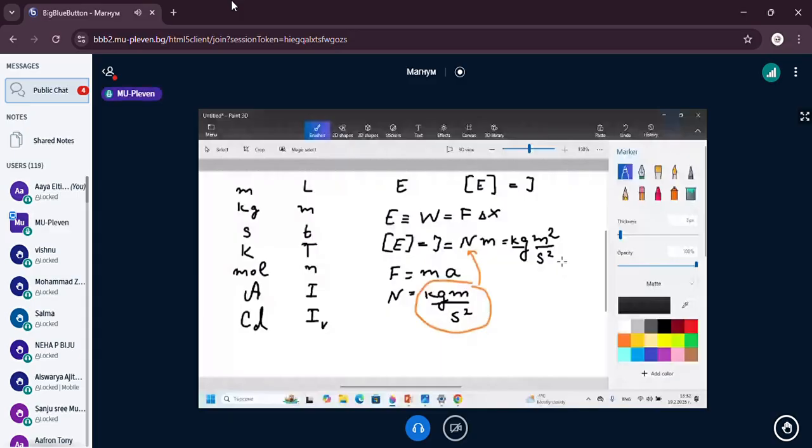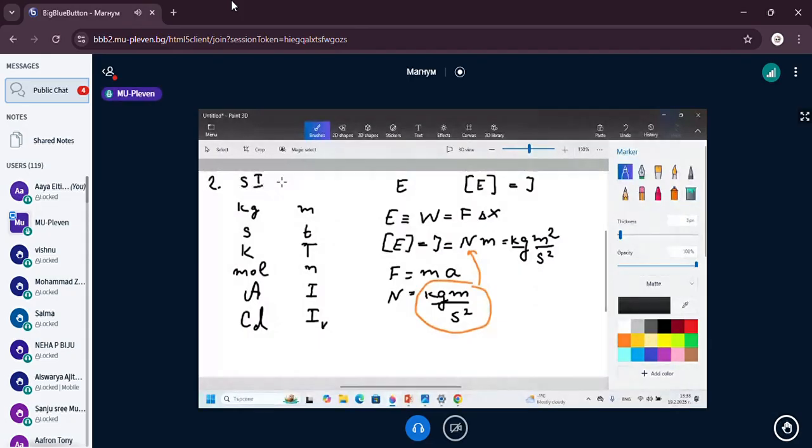In this way, we can express any derived unit in terms of base SI units. So all those things which we have discussed, let me just clear a bit to write.